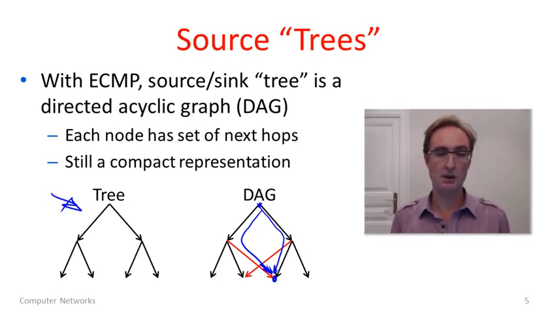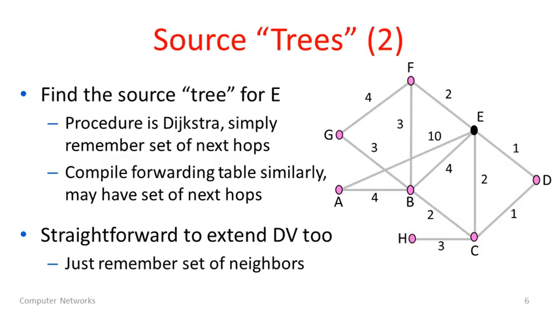There's also still a compact representation for routing. Each node now has not a single next hop, but a set of next hops to reach a destination. But we don't need to have nodes store the entire path or anything like that. Let's just see a little bit of an example. Here's our graph again. Now we'd like to find the source tree, or really DAG, for E. The procedure that we go through is simply Dijkstra, but keep all of the ties instead of randomly picking one.